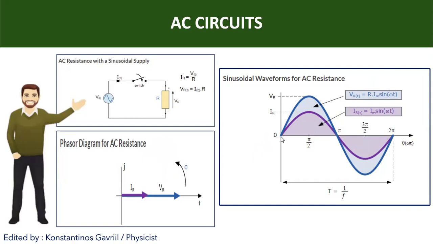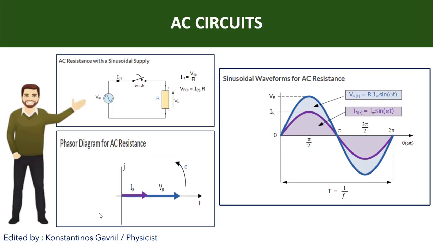When the voltage gets zero value, the current gets zero value too. So what happens in one quantity, the same thing happens to the other quantity too. So we say that the two quantities, the voltage and the current, are in phase.